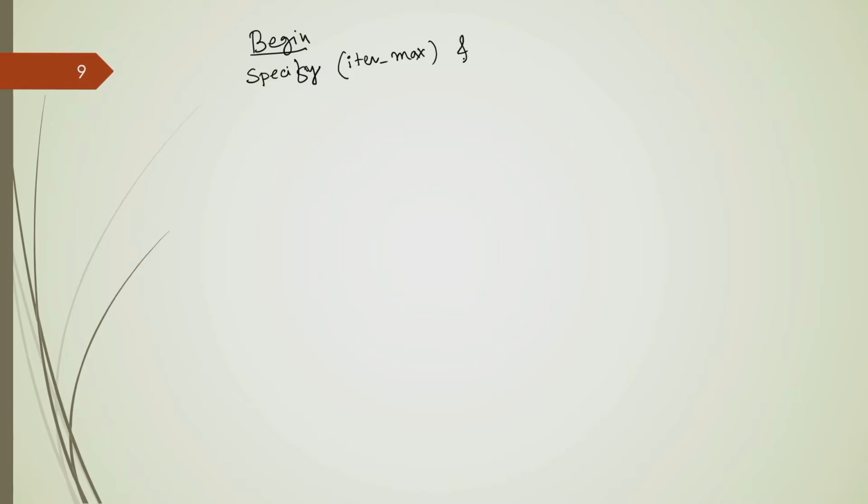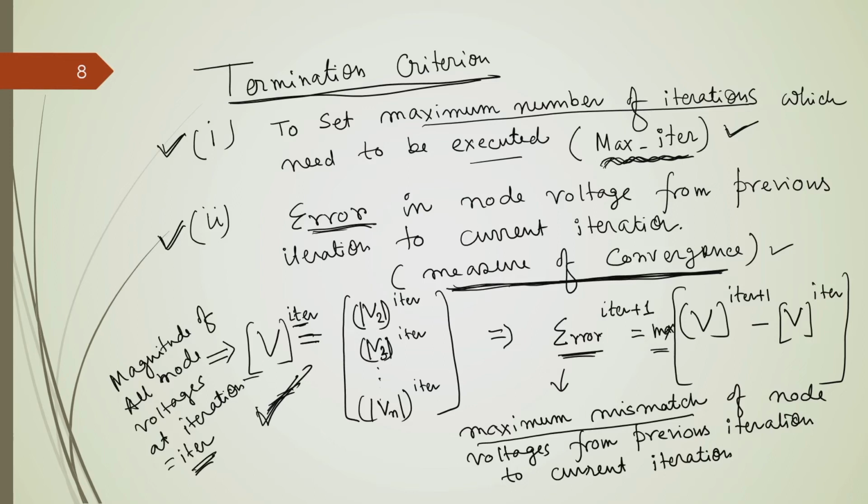And here there is one thing I missed, that this is how we can compute this error. And this convergence criteria is that if this error of one particular iteration, let us say iter plus 1, goes below a given value of tolerance or accuracy, then we can terminate the program.